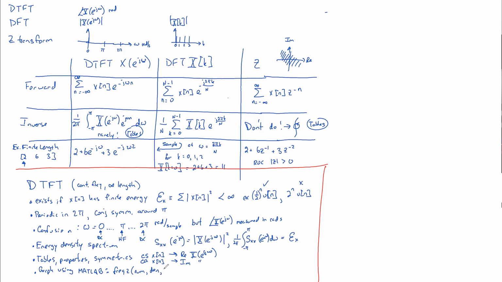Then you put in your range of omega for which you want it calculated, and it will pop out the DTFT, which is just this thing evaluated at those different omegas. And then you can graph those. If you call all this capital X, you'd want to plot omega versus some part of X, maybe the magnitude of X. You wouldn't want to stem it because, again, X is a continuous frequency.